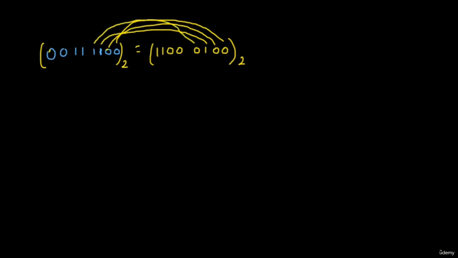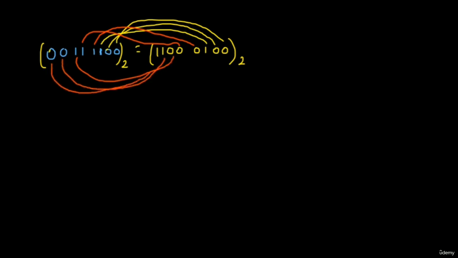Let me change the color so that you can see things clearly. Convert this one. Now 1 gets converted into 0, and this 1 gets converted into 0. This 0 gets converted into 1, and this 0 is also going to get converted into 1.